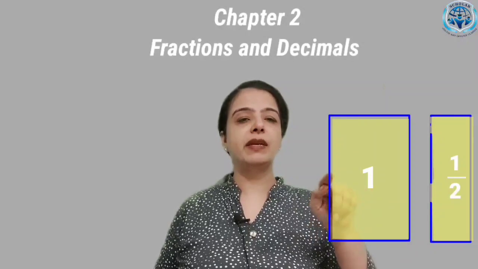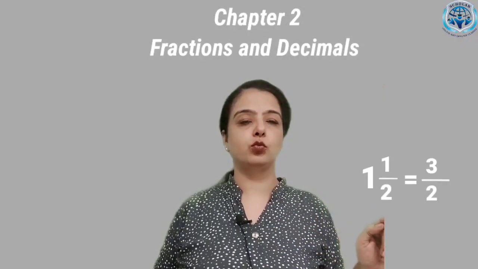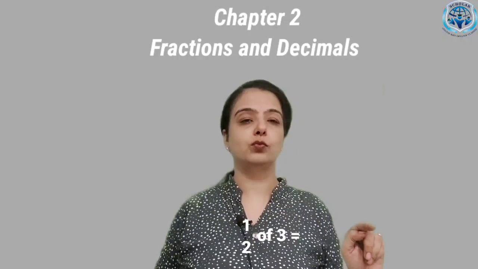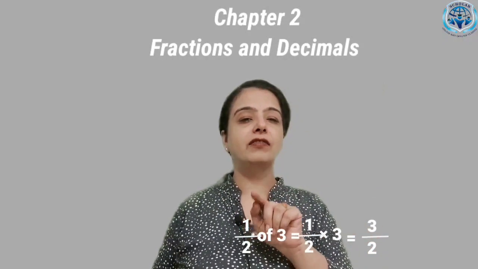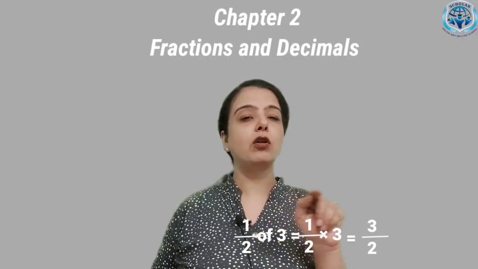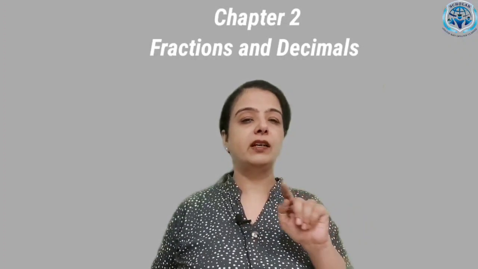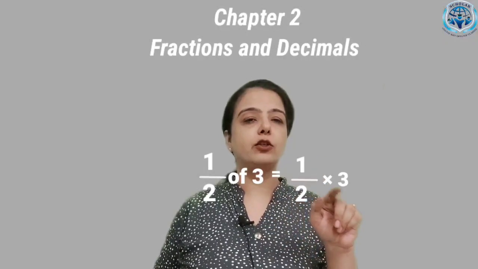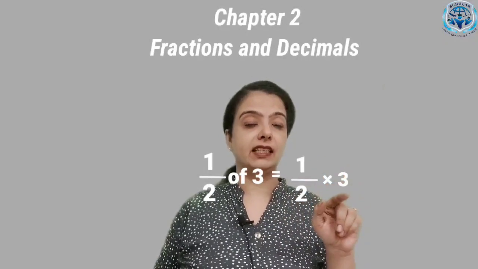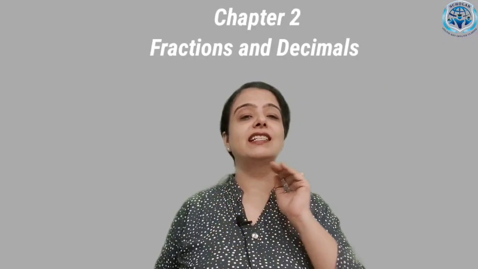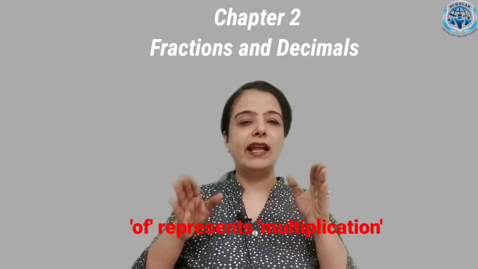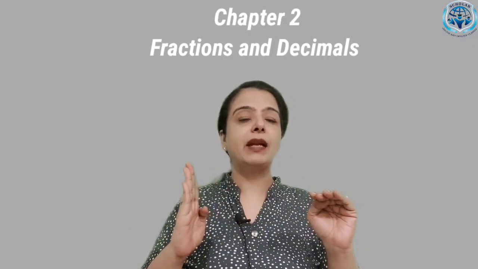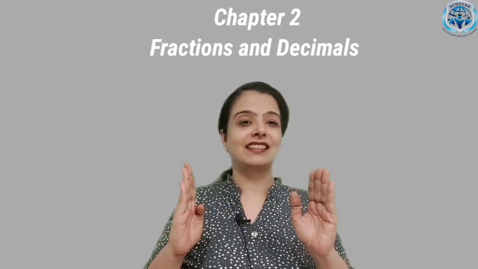When we convert this mixed fraction, we will get 3 by 2. That means half of 3 is 3 by 2. And half into 3 is also 3 by 2. That means 1 by 2 of 3 is equal to 1 by 2 into 3. That means 'of' represents multiplication. Whenever we write 'of', we are multiplying. Understood?